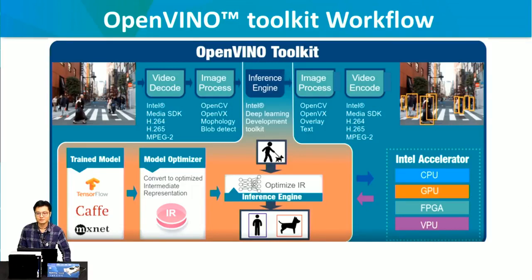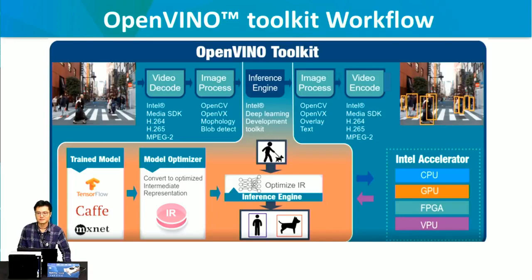Then after that, the deployment result will pass to the image post-process. Again, we use OpenCV and OpenVX to do the overlay or text on the picture. Let's say you want to highlight the inspection result, and you want to put text on the inspection result.